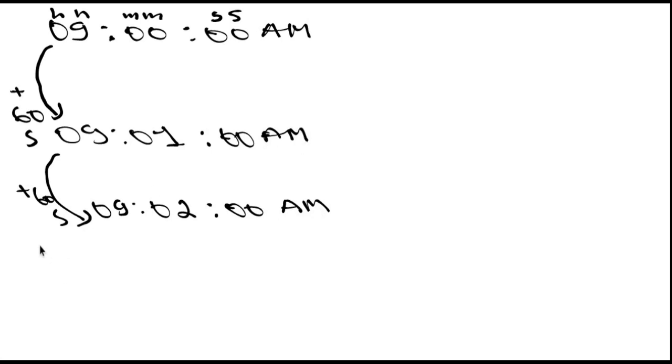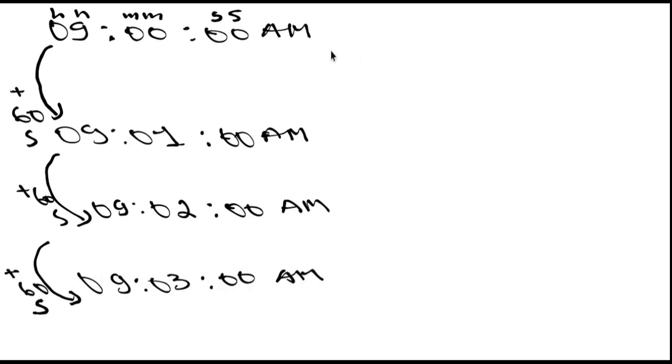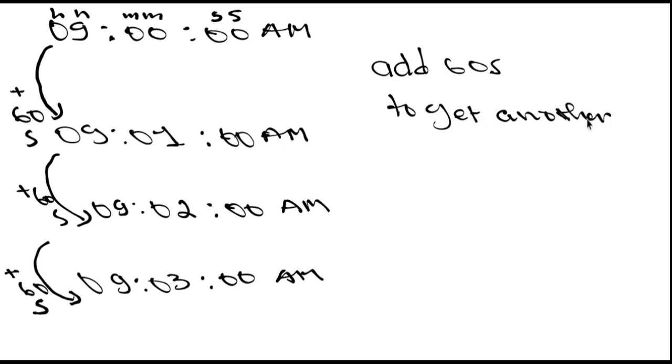We continue like that. To have another minute, we again add 60 seconds. So you always have to add 60 seconds to get another minute, every time.